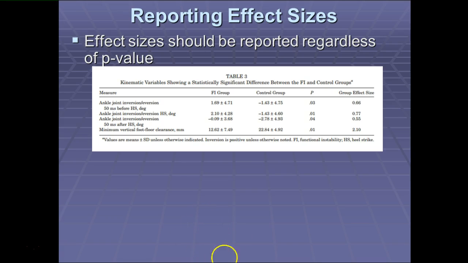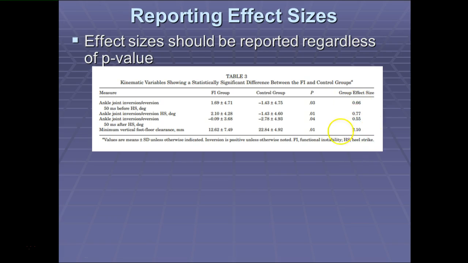So I give you a sample here of a research article that was recently published. We've got the treatment group and the control group, the treatment group's mean and standard deviation, and likewise the control group's mean and standard deviation. In this column we have the associated p-value, but we can also see the effect sizes associated with the treatment intervention.